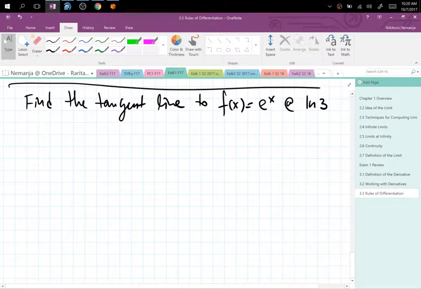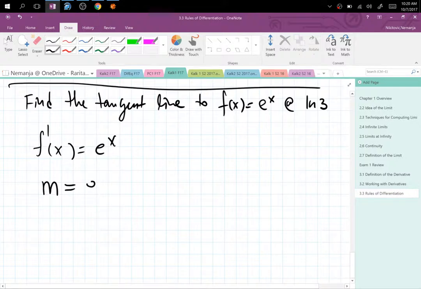So the first step is always to figure out the derivative. In this case, it's the same. And then the derivative becomes tangent line when you plug in the value. These guys cancel, so your slope is 3. Now, you have the slope, you need a point.